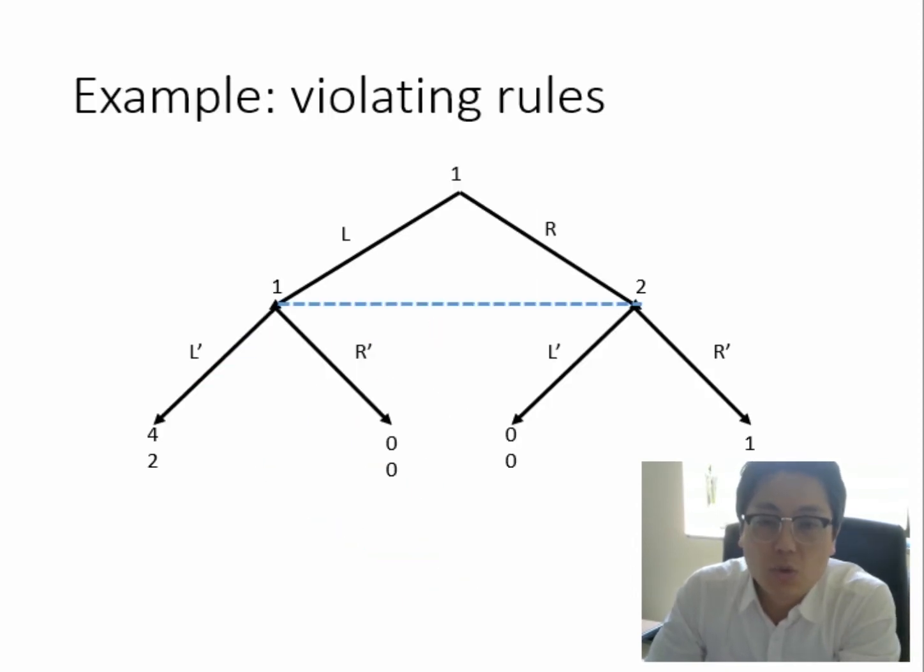If you go further, you are going to see some game theory. I think I already explained some example cases which violate rules like this. I cannot connect these two nodes because the owners of these nodes are different. This node belongs to the first player and this node belongs to the second player.